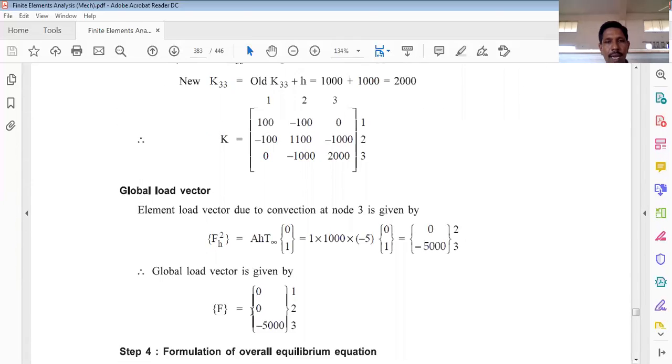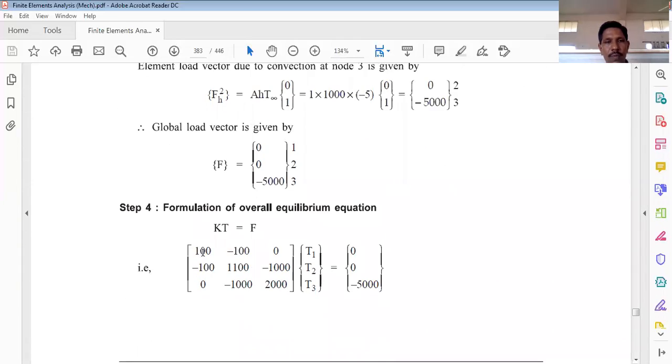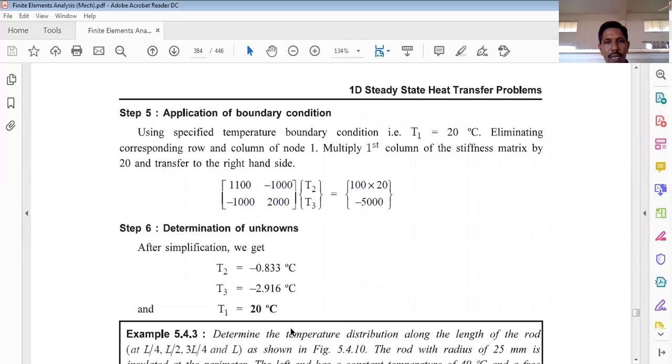Now when you look at the magnitude of the 1 cross 1 entity, which is multiplying the temperature T1 of 20 degrees centigrade, 100 into 20 is to be transferred to the right side as it is getting cancelled in the stiffness matrix.